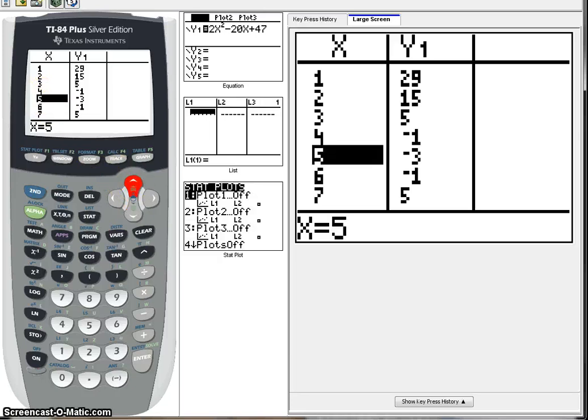And I have some other values. Now I can plot my point. 6, -1, and above that I got 4, -1. And then I also have 7, 5. And above that, I got 3, 5.